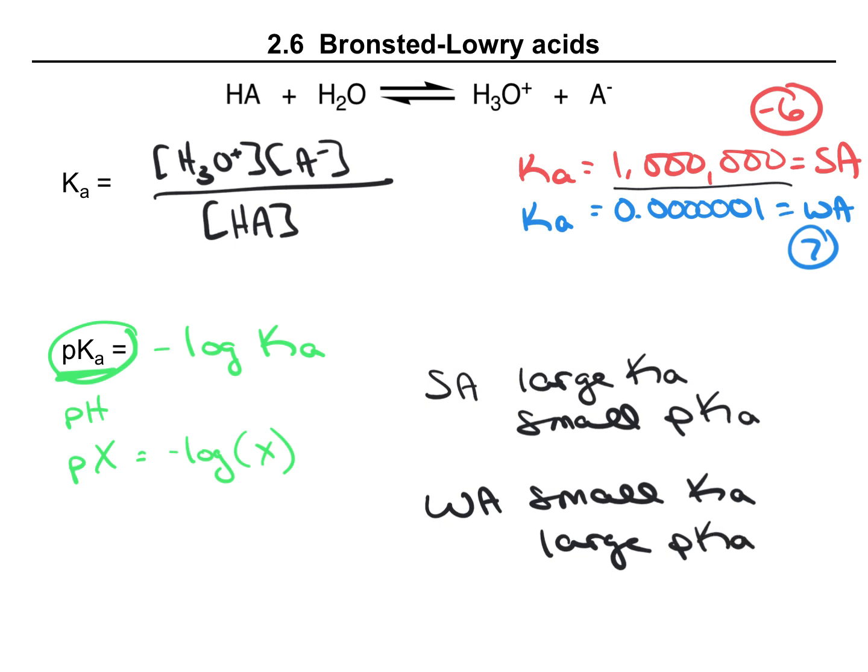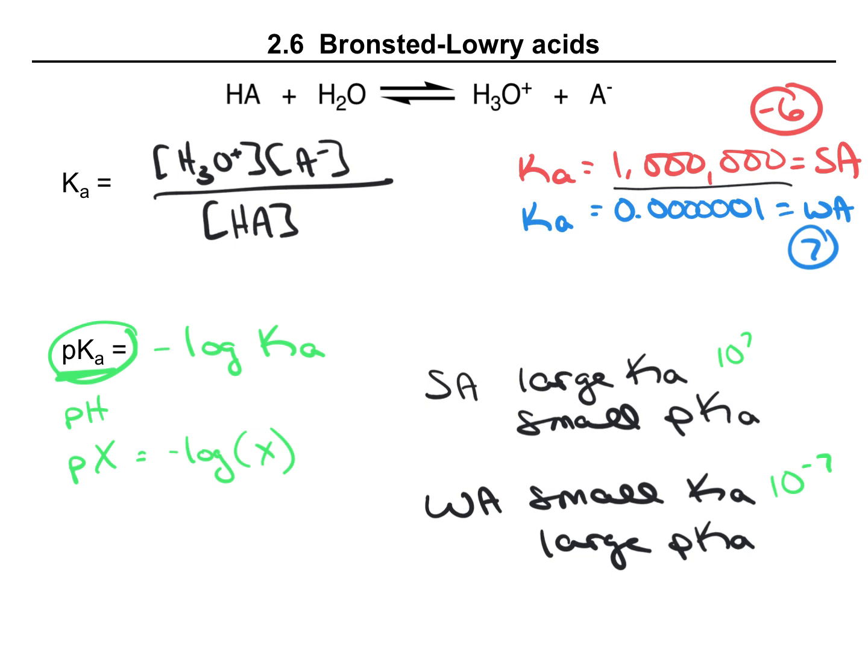So once again, if we think about the scale, a large Ka might be up to 10 to the 7th power, for example, and a small Ka could be on the order of 10 to the -7, right? So this is a huge range of values.